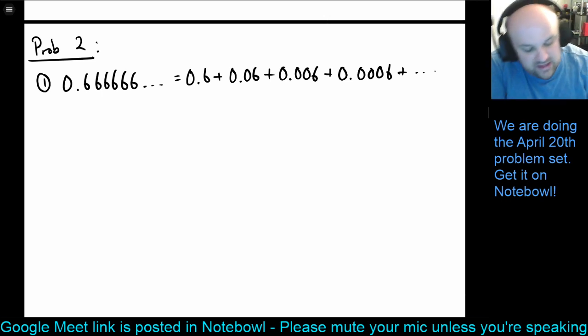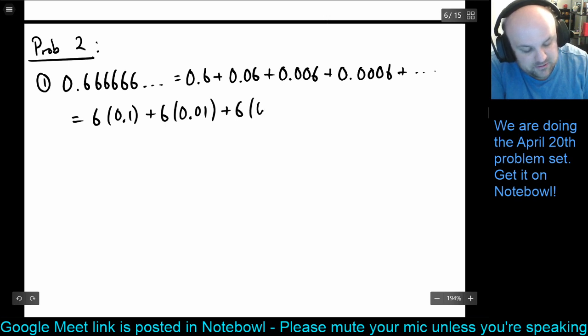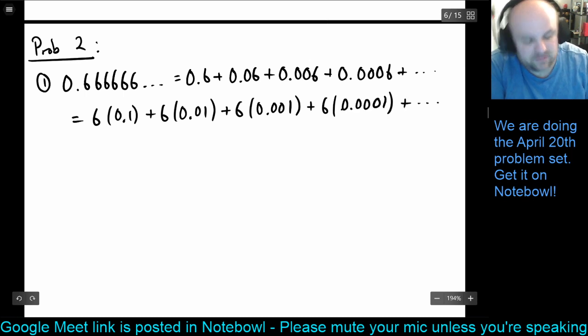And if we view it like this, well, this is 6 times 0.1 plus 6 times 0.01 plus 6 times 0.001 plus 6 times 0.0001, and so on.